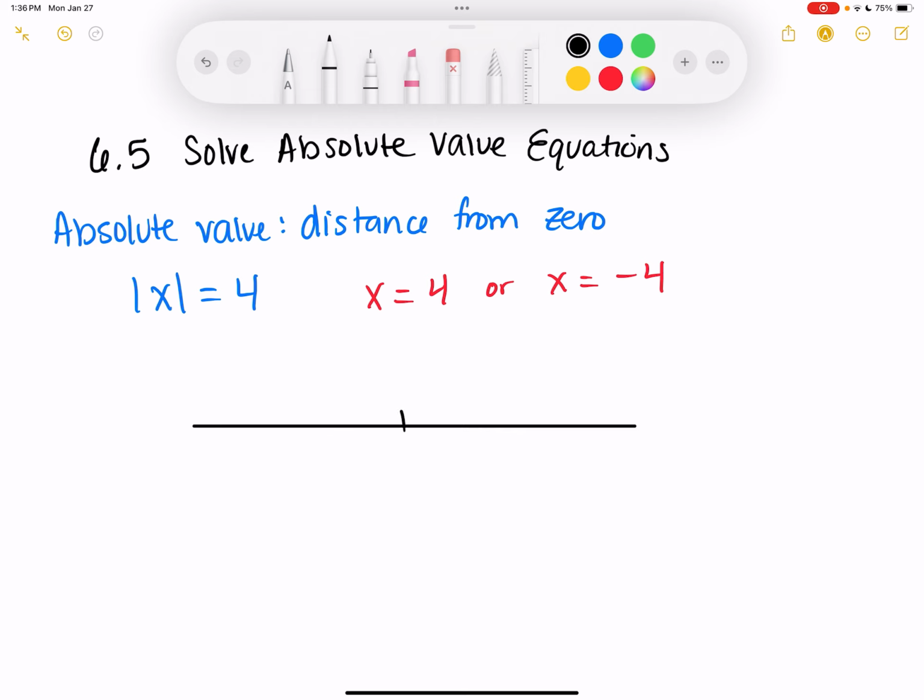So if I had a number line, then to get from 0 to 4, obviously that's a distance of 4. And from 0 to negative 4, that's also a distance of 4. Now, my graph's not proportional, but that's okay. So it's 4 units away from 0.